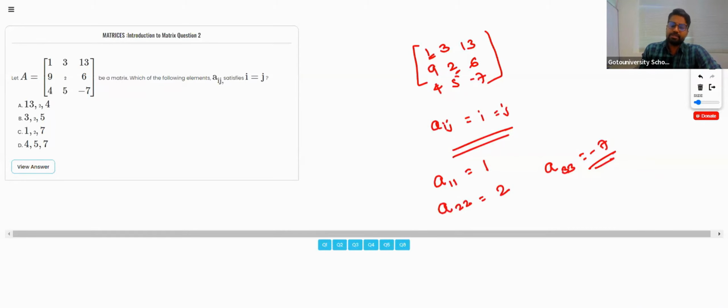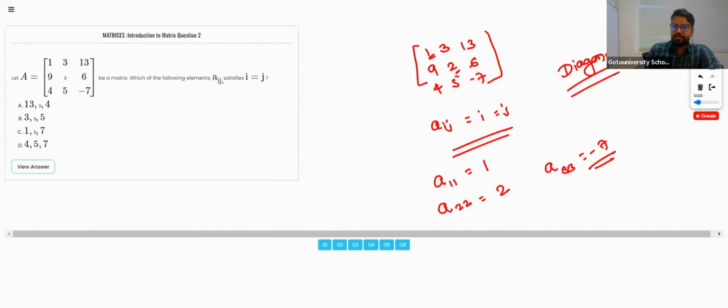Okay, what are these elements called? We'll come to that, but generally they are called diagonal elements of a matrix. Whenever i is equal to j, that element becomes a diagonal element of a matrix. The number of rows should be equal to the number of columns. So on that basis, which is the answer for us?